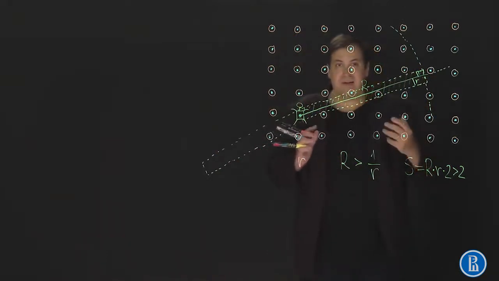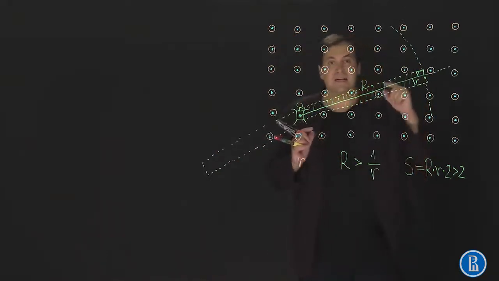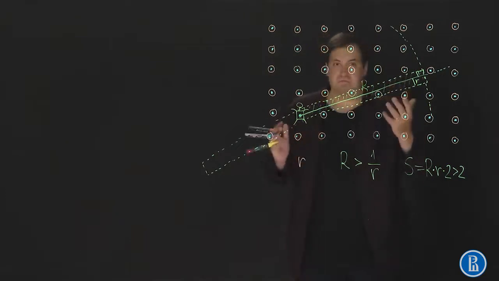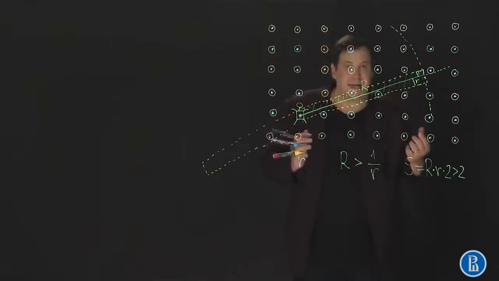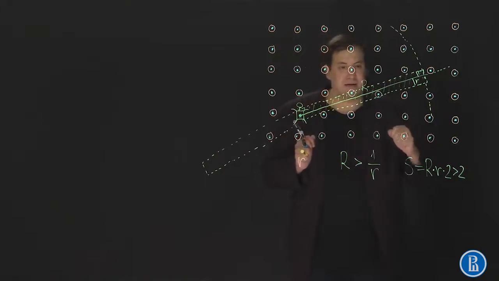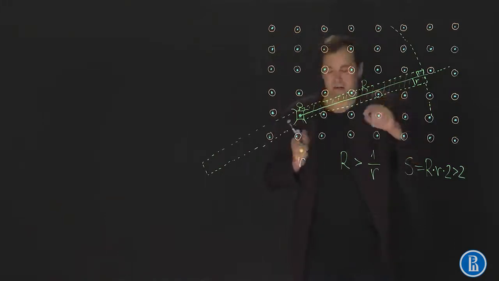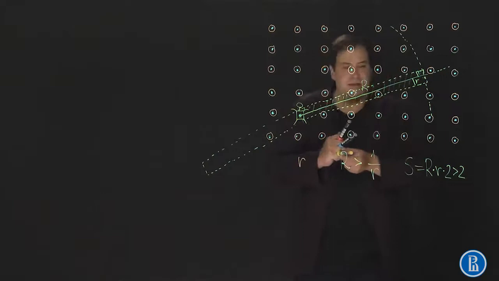And we know that in such a case there is a node of the lattice inside the rectangle. For instance, this one here looks like it's inside the rectangle.